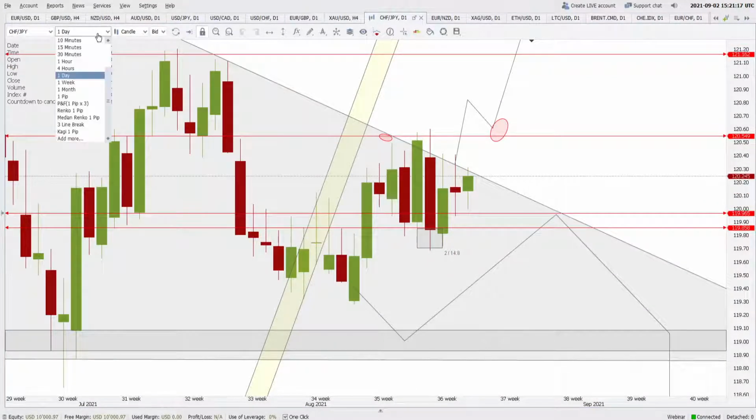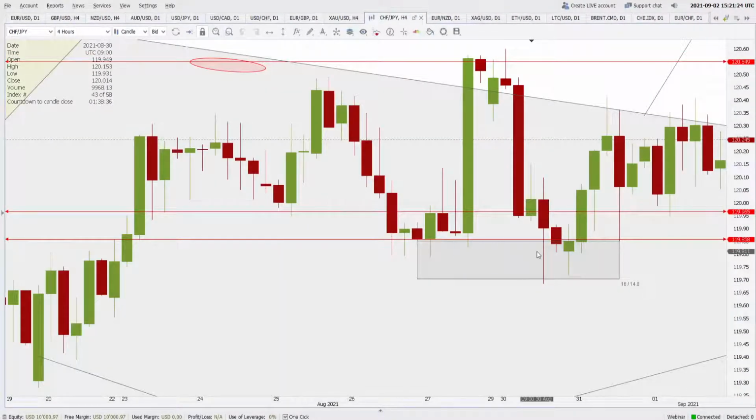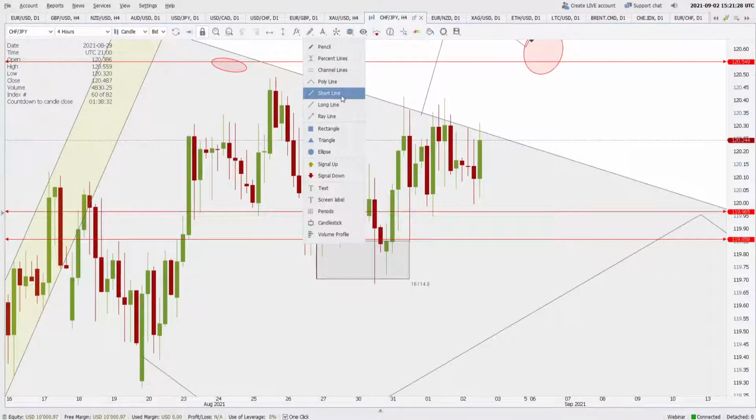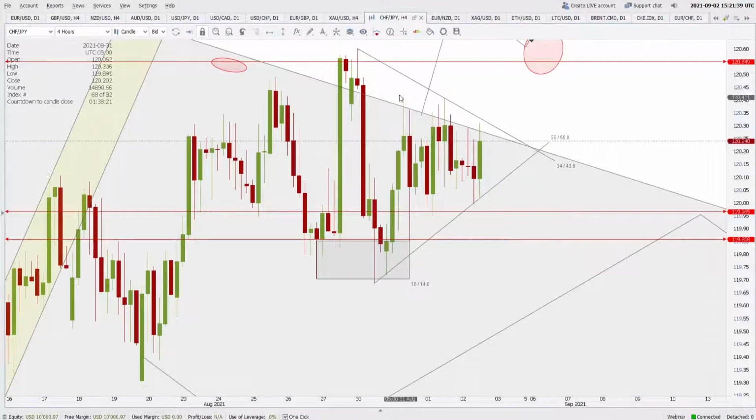You can also make a symmetrical triangle in this one on the 4 hour or the 1 hour, and that will show you where the price is going once it breaks. You just join these highs, then join these lows, and you can see that the price is making a symmetrical triangle, and when it breaks to the upside or downside, we can maybe take a position.